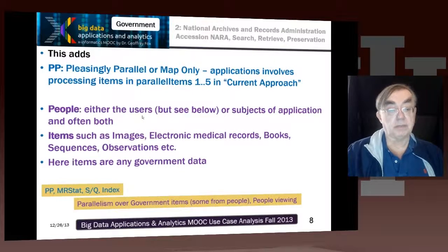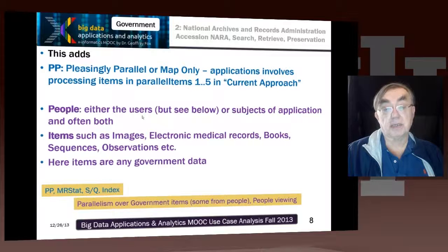So here we have some comments on the classification. I already pointed out the pleasingly parallel classification, which in a MapReduce framework is called the map-only example. And it should miss out item 4.